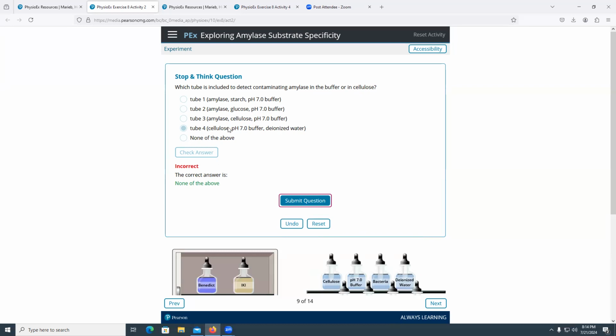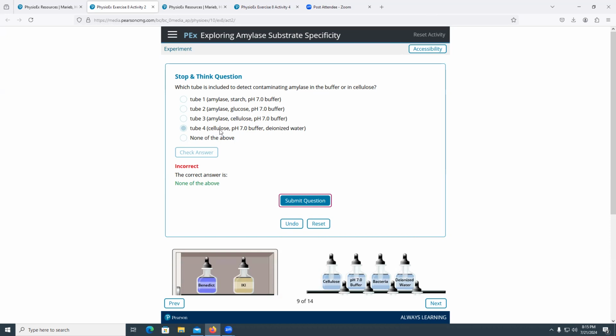Okay, so that means we needed to have a tube that says pH buffer and deionized water, and then test it for amylase contamination, and then a separate tube that says cellulose and deionized water, and test to see whether or not we will have products indicating contamination. If the reaction goes on, we will see that there is contamination.